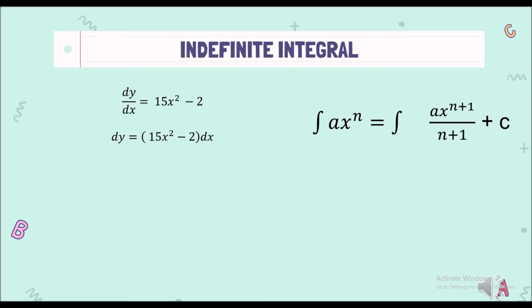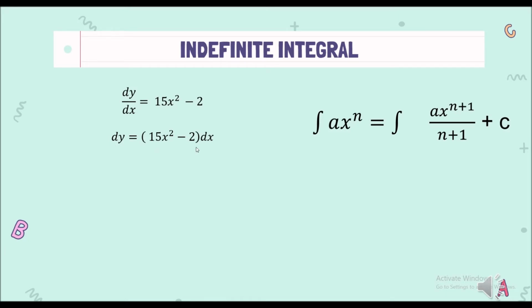Now, I want to explain about the indefinite integral. We use the same equation, dy/dx equals 15x squared minus 2. Move dx to the right. So, dy equals 15x squared minus 2 dx.